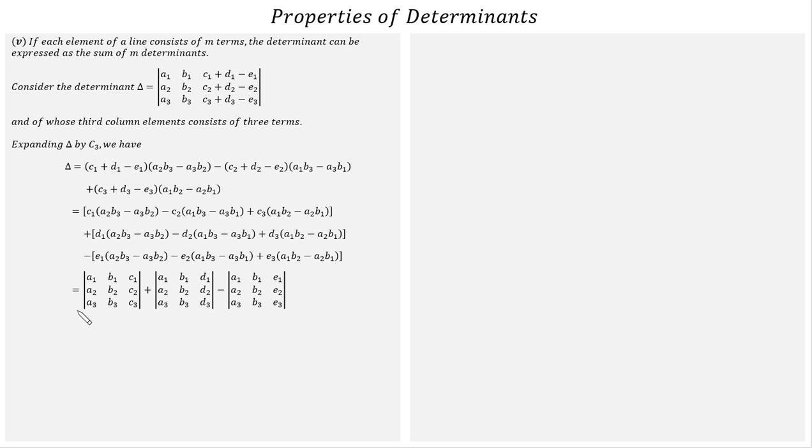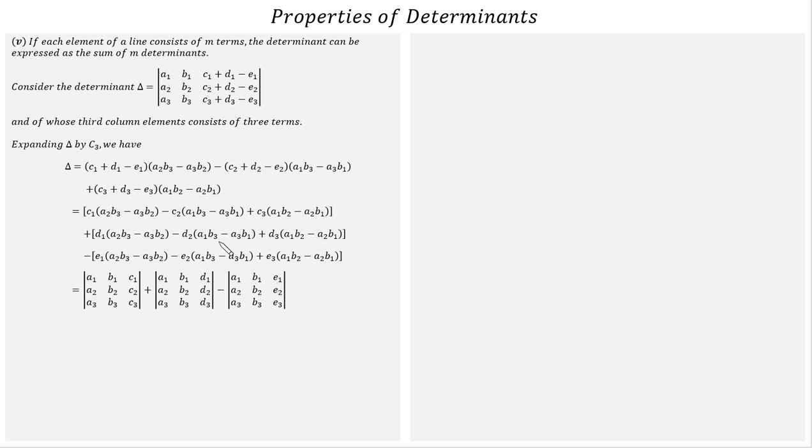Now if you see properly, the first determinant of this expression is expanded along column 3 as C1 into (A2 B3 minus A3 B2) minus C2 into (A1 B3 minus A3 B1) plus C3 into (A1 B2 minus A2 B1).